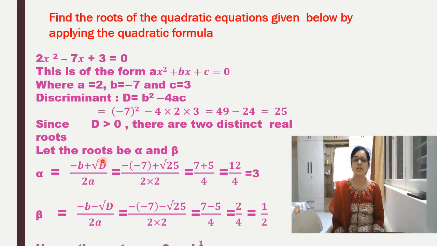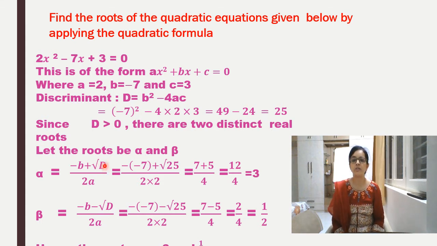To make your work very clear and neat, first find the discriminant in the beginning itself, and in the formula don't write b squared minus 4ac, but write only root D. Then the sum will look dignified.